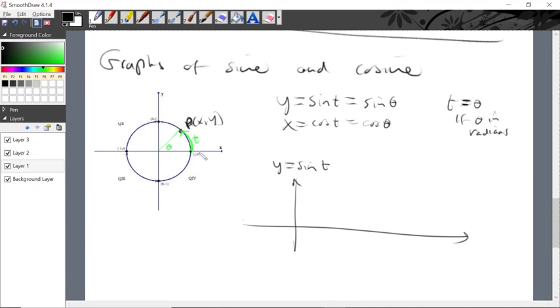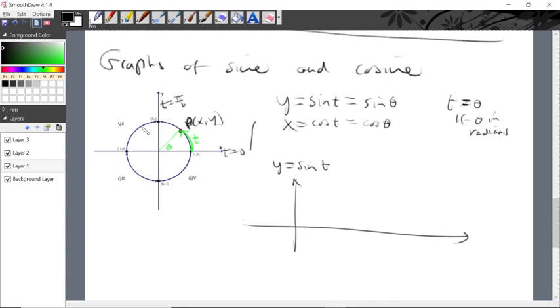Starting at the beginning, t is equal to 0 at this point right here. Then t increases, and at the end of quadrant 1, t would equal pi over 2. Along the way, the y-coordinate started at 0 and moved up until it reached a peak of 1.